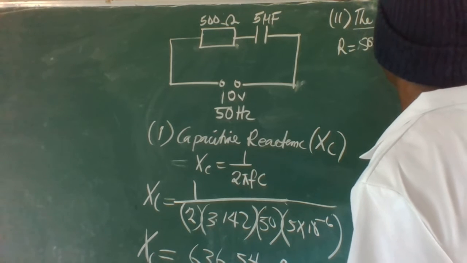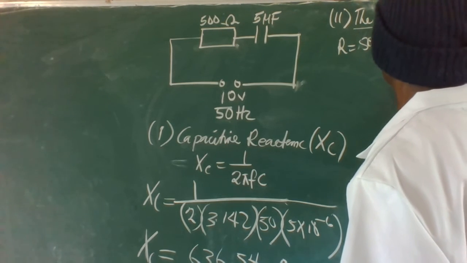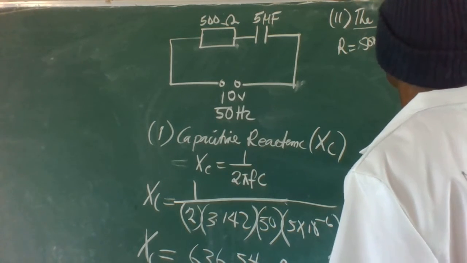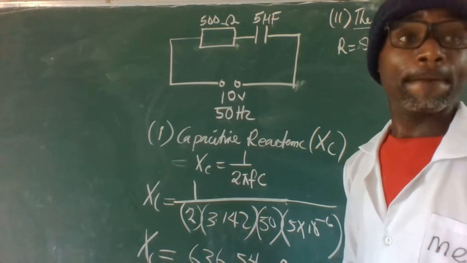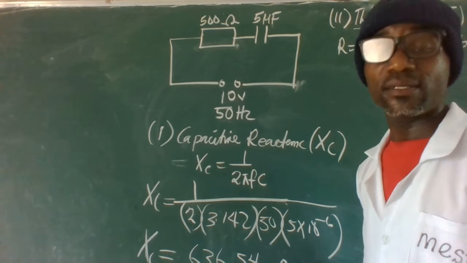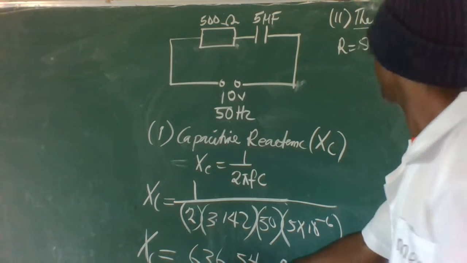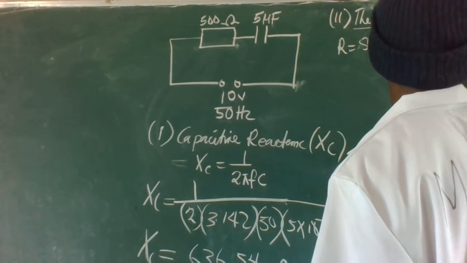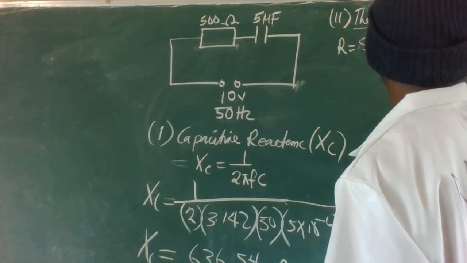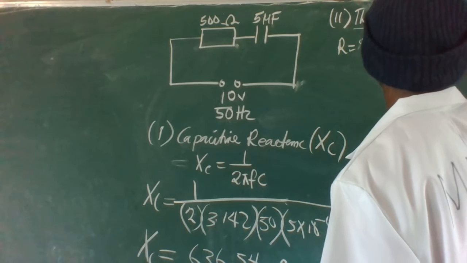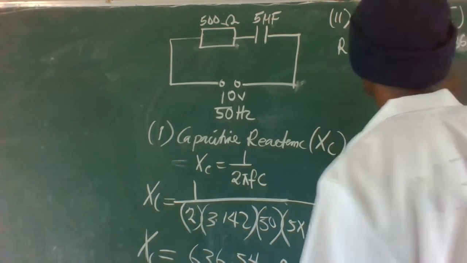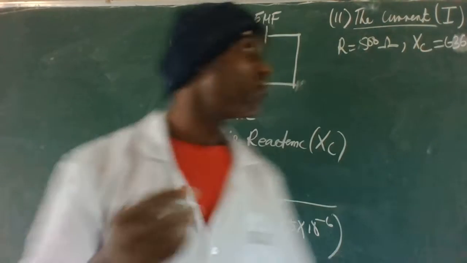We now have the capacitive reactance giving us 636.54 ohms. That's the value of the reactance, right?